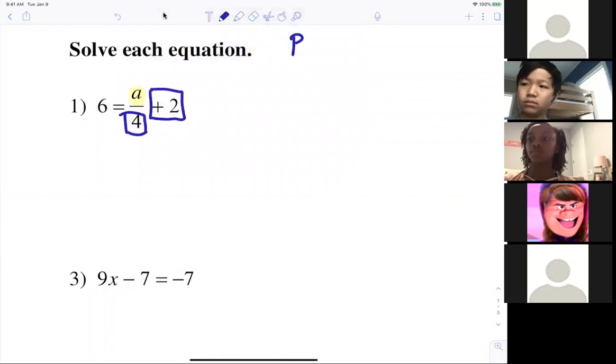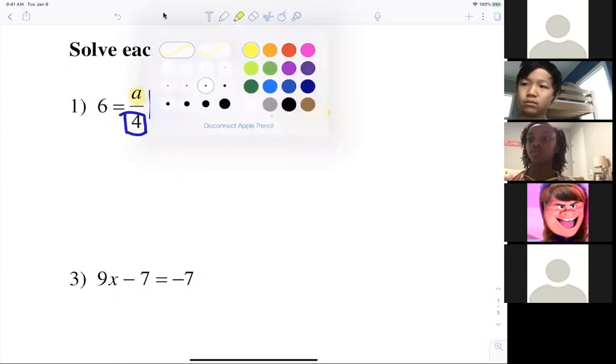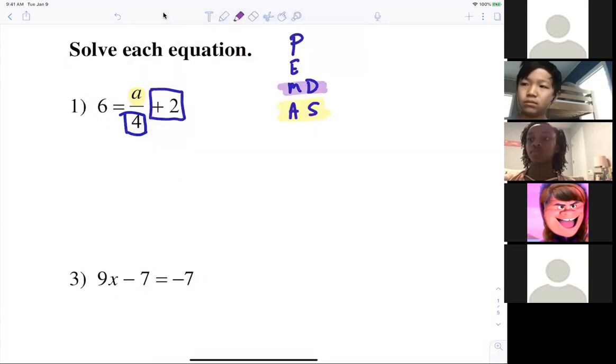Now, if you remember PEMDAS, parentheses, exponents, multiply, divide, add, subtract, that's the order in which you do your arithmetic. But we're working backwards. So we're going to get rid of addition and subtraction first, most of the time. Then we're going to get rid of our multiplication and division.